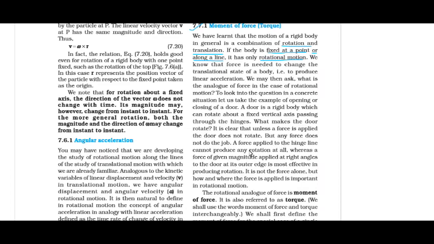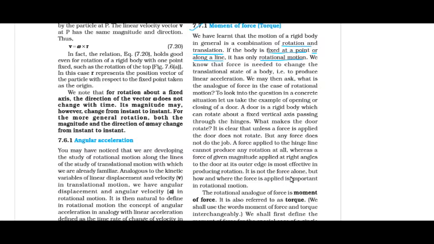But any force does not do the job. A force applied to the hinge line cannot produce any rotation at all, whereas a force of given magnitude applied at right angle to the door at its outer edge is the most effective in producing rotation.